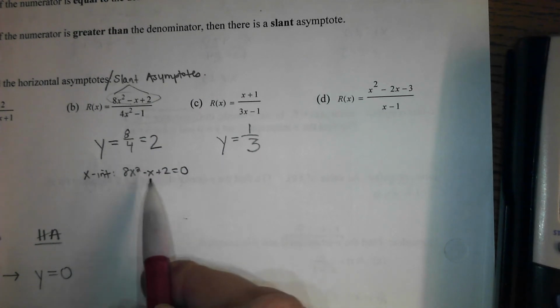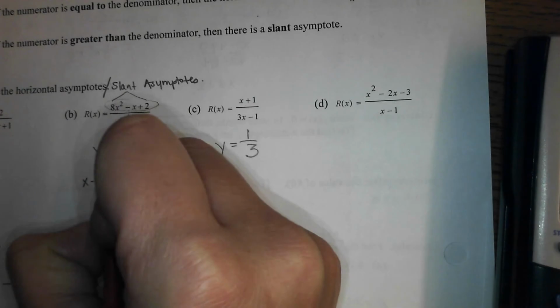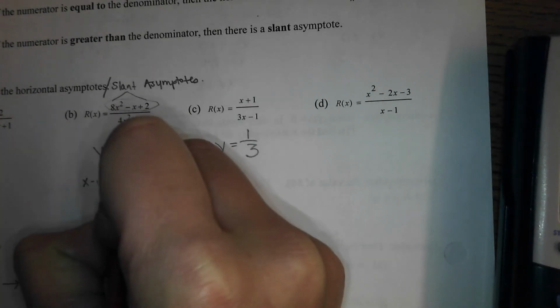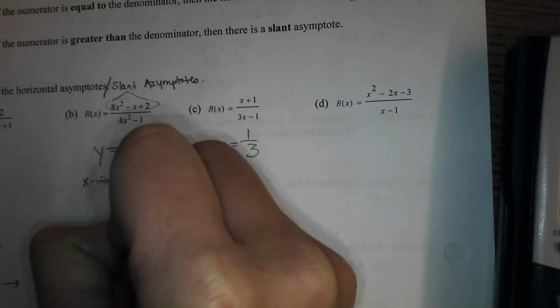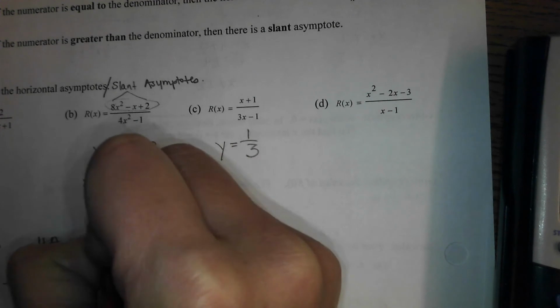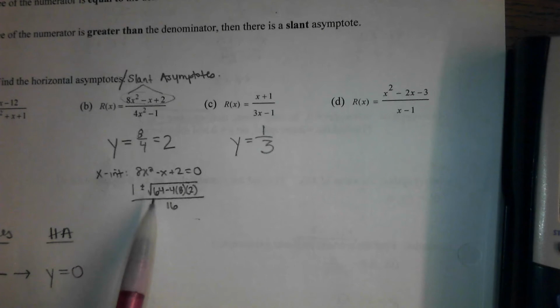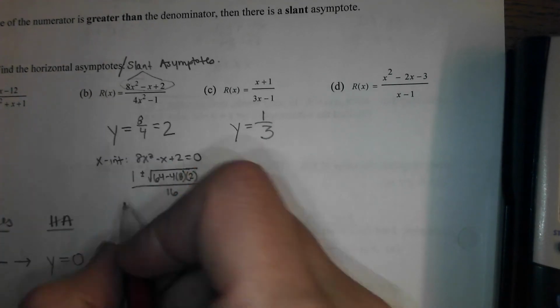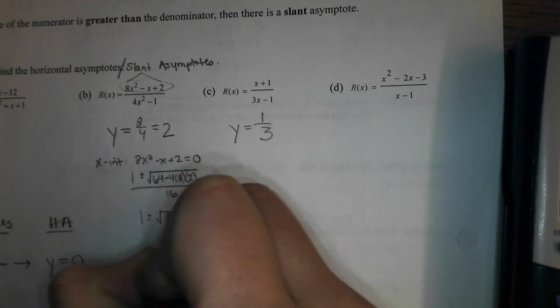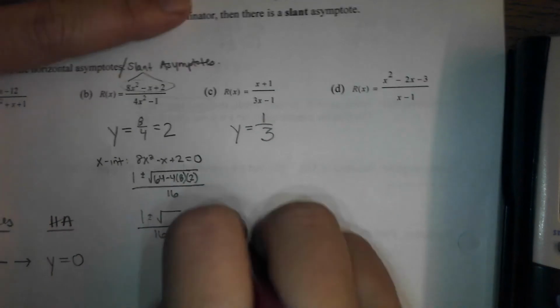Which, if it's not factorable, how do you have to solve that? Quadratic formula. So negative b is 1. B squared is 64 minus 4ac, all over 2a. So that's a discriminant of what? You're right, I made a mistake.